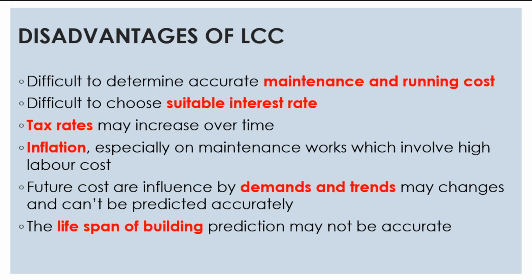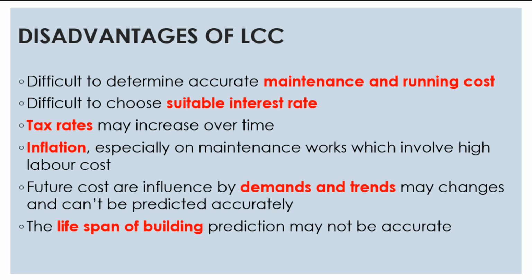The second one is difficulty choosing a suitable interest rate. As I explained earlier, the interest rate fluctuates, so finding a suitable one is hard, especially nowadays. For example, when COVID-19 happened, Bank Negara reduced the overnight policy rate, OPR, so the interest rate went down and down.